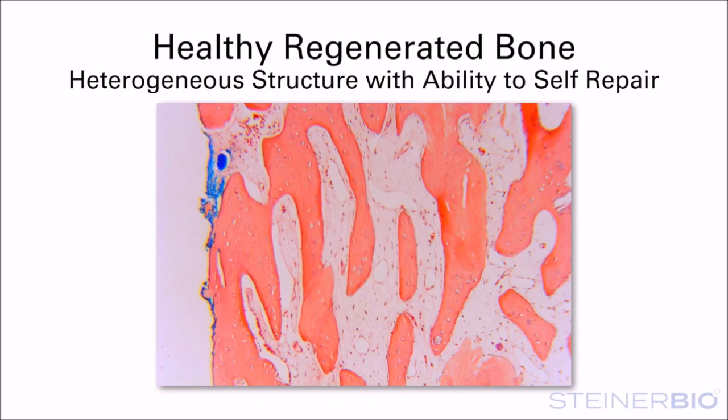And also, because bone is always subject to injury, this tissue that's healthy and vital will also be able to repair any microcracks that develop in the bone, so those microcracks don't continue to develop and result in failure of your implant. Also, as you look at this tissue, the trabeculae are very organized. There's a significant amount of blood vessels, but also you see that there's absolutely no inflammation in the tissue. This is healthy, vital bone.